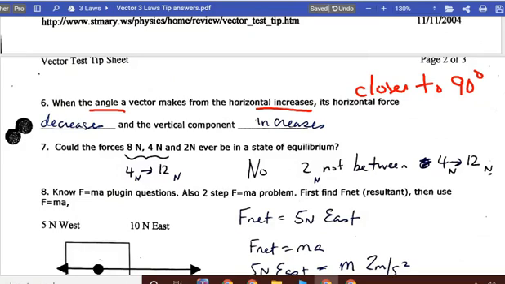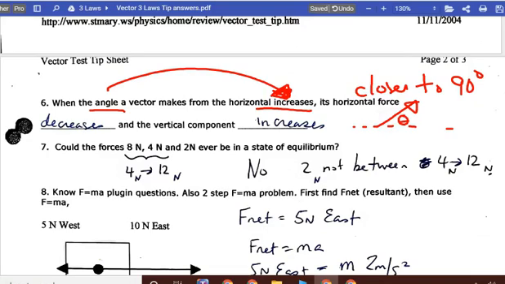Oh, wait, you said the horizontal. The horizontal decreases, so closer to 90, the angle increases. I didn't understand what it said, I thought it said the horizontal. Yeah, be careful, because this is where the Regents will trip you up. Thank you for pointing that out, because people do get confused. What are all angles measured from?